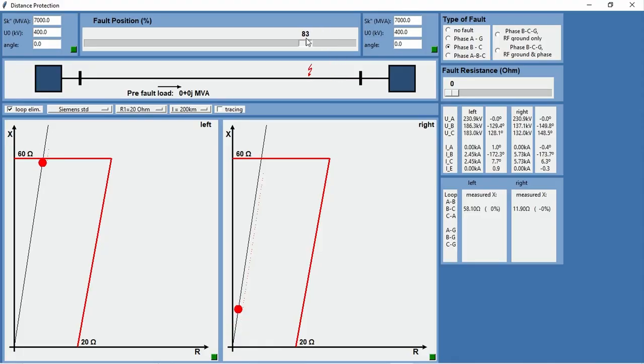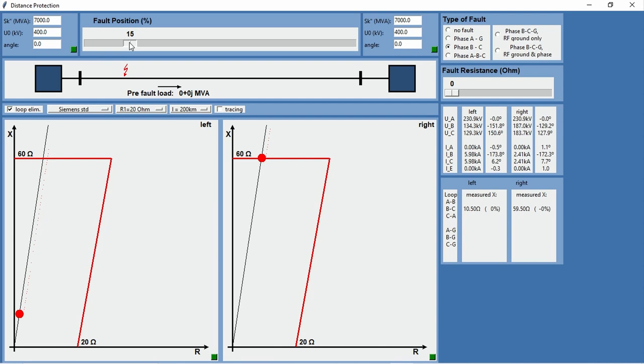And only in the center, that means from 15, the same problem of course occurs also from the other side. That means if the fault is very near the left side, between 0 and 15% of the line, then the right side will not see the fault and will not trip fast.